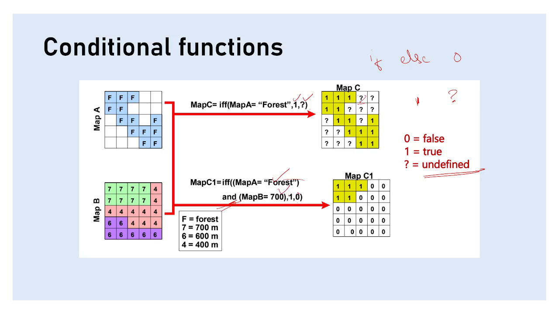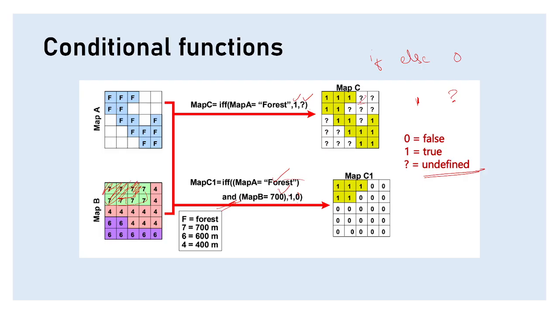Okay. Now you know these are the places where you have forest, and among these, where do you have the 700 meter? Okay, so 700 meters is all over this place. But where do you have forest? Only these cells in this part. So only those cells have been included.